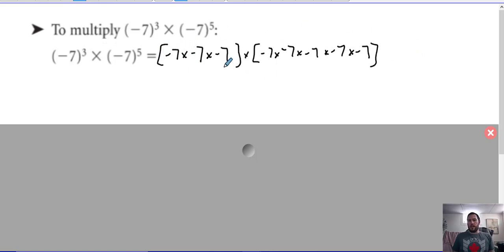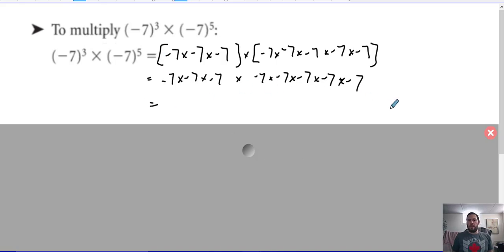So with that in mind, these brackets aren't actually doing anything, so let's just get rid of them. So this is negative 7 times negative 7 times negative 7 times negative 7 times negative 7 times negative 7 times negative 7 times negative 7.